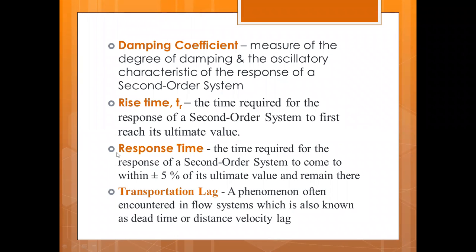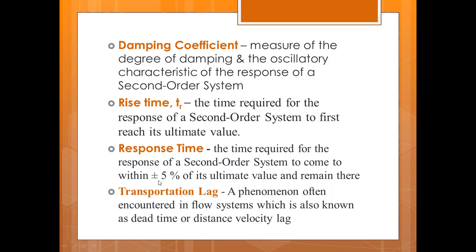When you answer for the response time, I have checked your quiz. I'm not sure if there's one who answered in the form of a range. When we speak of response time, the answer is a range, because it's the time required for the response of the second order system to come within plus or minus 5% of its ultimate value and remain there.